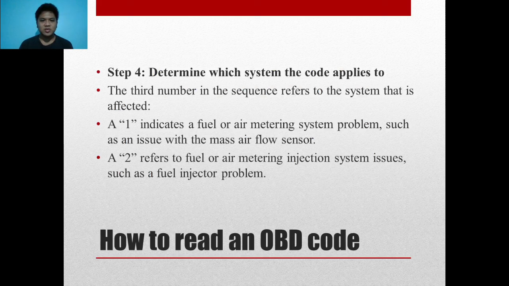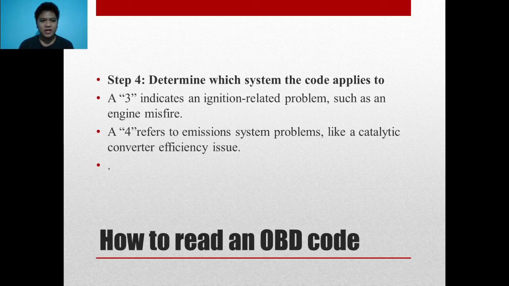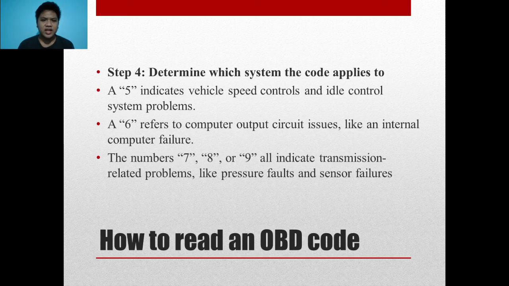Step 4. Determine the system the code applies to. The third number in the sequence refers to the system that is affected. 1 indicates fuel and air metering system problems such as an issue with the mass airflow sensor. 2 refers to a fuel or air metering injection system issue such as a fuel injector pump. 3 indicates an ignition-related problem such as an engine misfire. 4 refers to emission system problems like a catalytic converter efficiency issue. 5 indicates vehicle speed control and idle control system problems. 6 refers to computer output circuit issues like an internal computer failure.